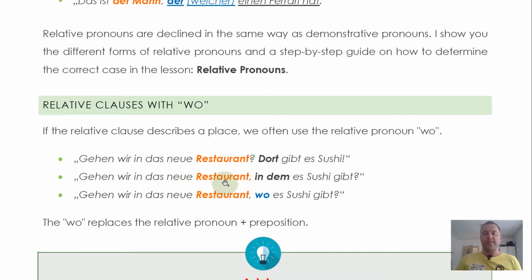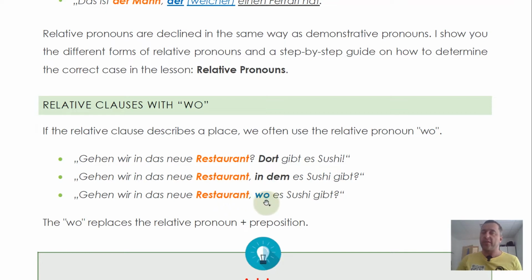Gehen wir in das neue Restaurant, in dem es Sushi gibt. Here, this is already a relative clause. Do we go to the new restaurant in which they have sushi, word by word? Or gehen wir in das neue Restaurant, wo es Sushi gibt? So do we go to a new restaurant where they have sushi? So you can see you can do this in English as well.